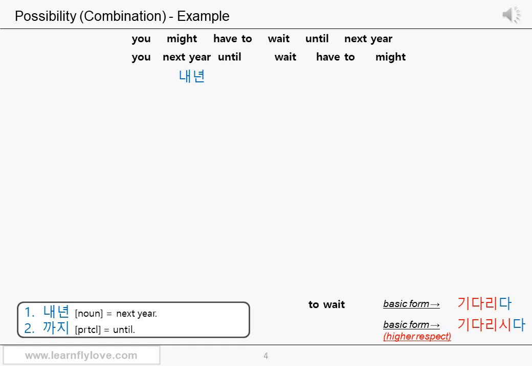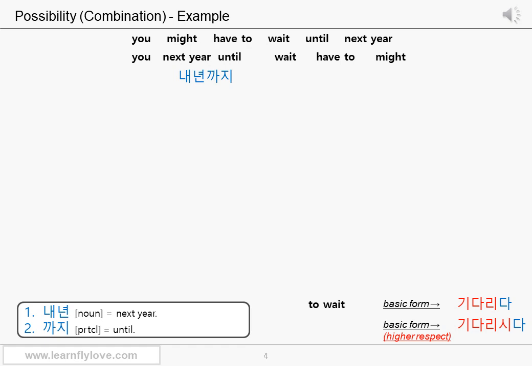Okay? Until. You can use the particle 까지 for the preposition until in this sentence. 까지. It has two letters, but it's a postposition particle like 은, 는, 이, 가, and 을. You use 까지 when you indicate the end of a certain range.